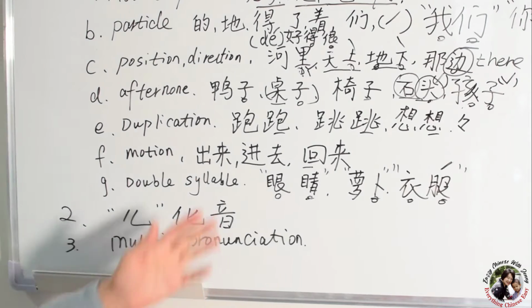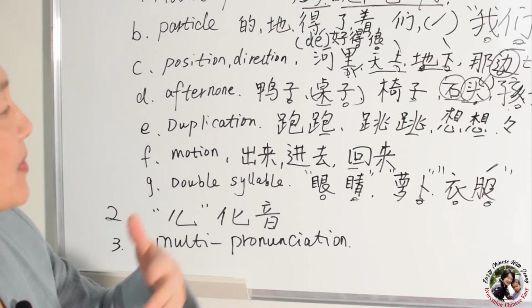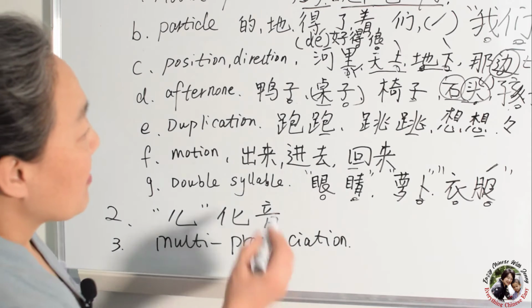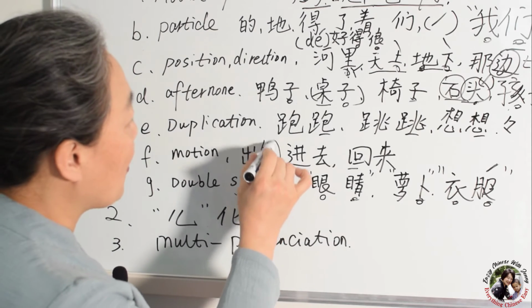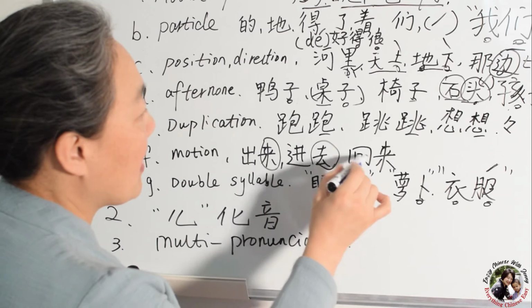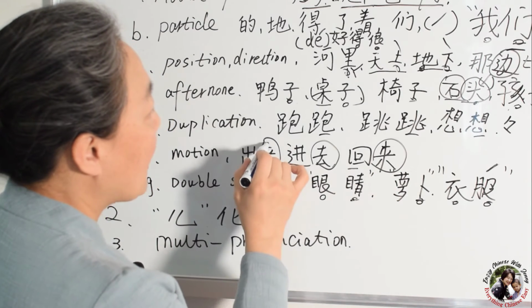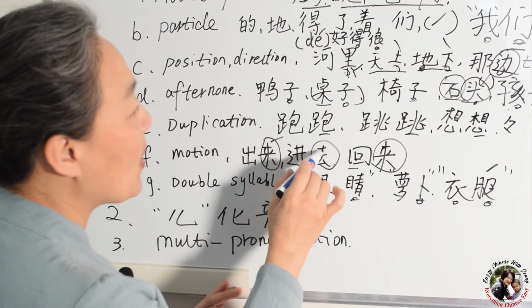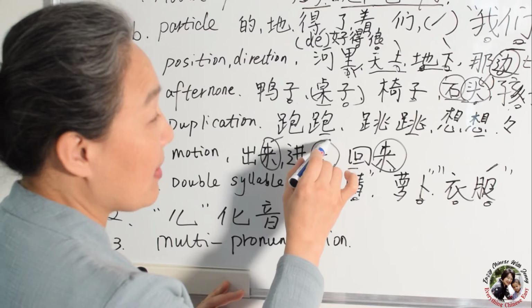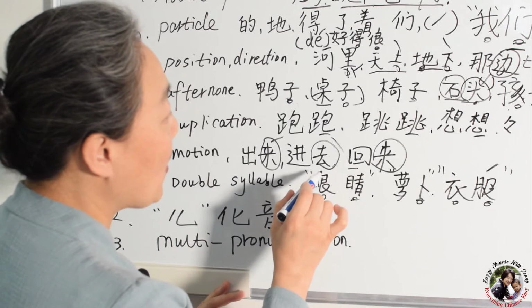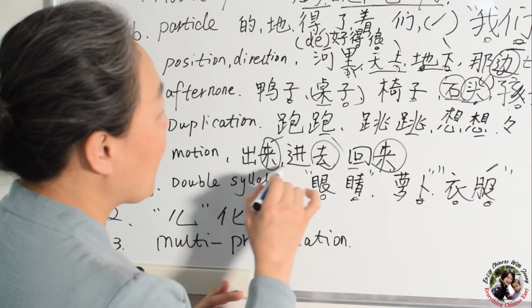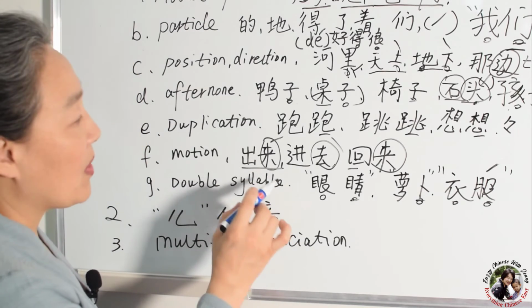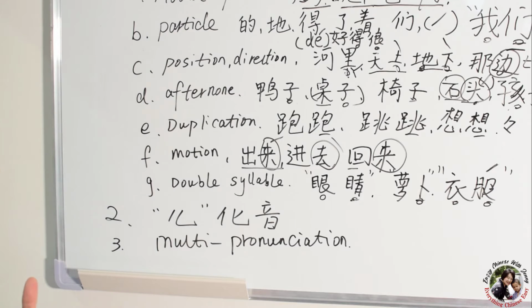And some words, like you come here, you get in, you come back, mean some motion. 来, 去. 来, when it is alone, the pronunciation is the second tone. 去, the pronunciation alone is the fourth tone. But if you say 出来, it's a light touch tone, means you come out.